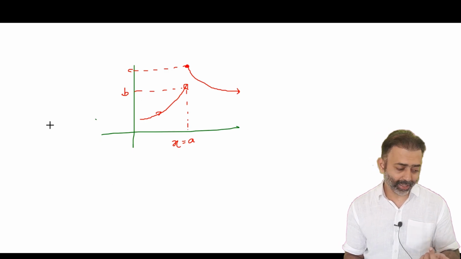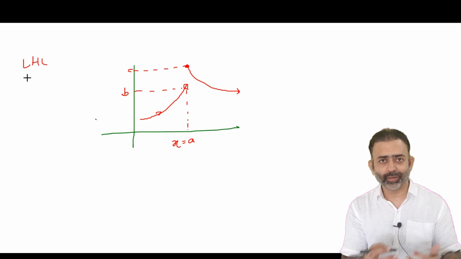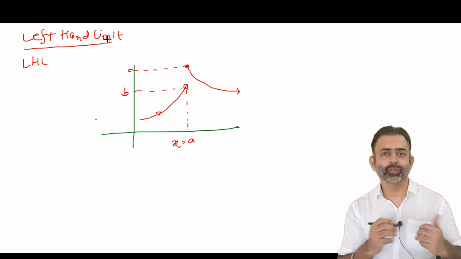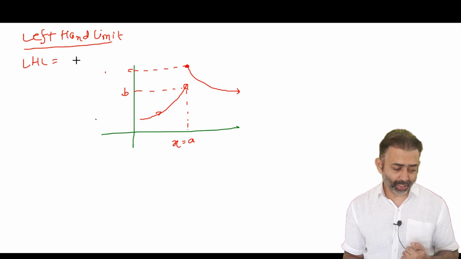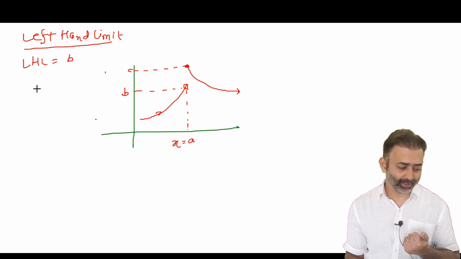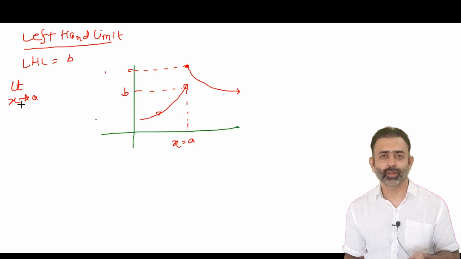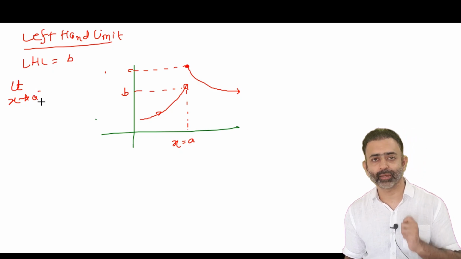Mathematically, the limiting value from the left is known as the left-hand limit, in short written as LHL. So the limiting value of the function approaching from the left, denoted by LHL, is b. Mathematically I will write this as LT, which stands for limit, x approaching the point a from the left direction, and this left direction is indicated by a negative sign in the superscript of a.